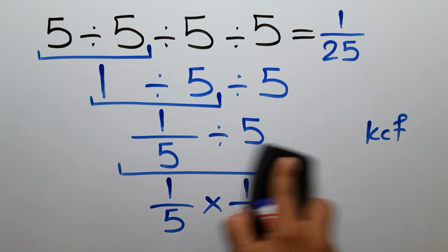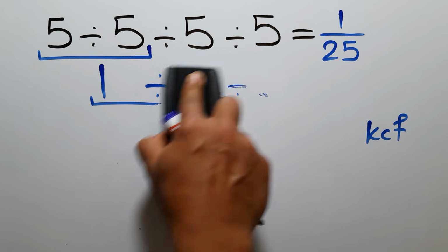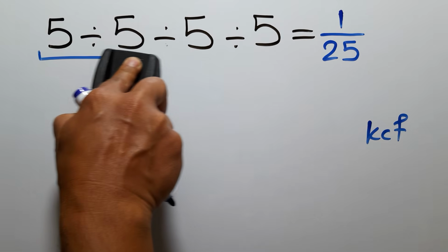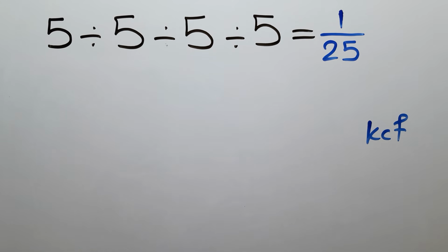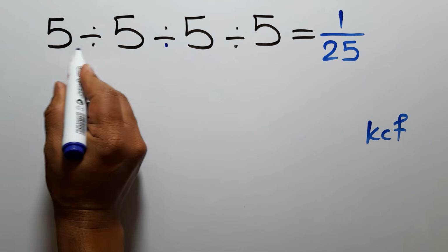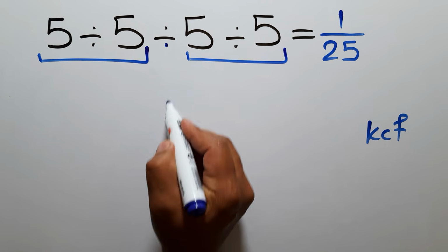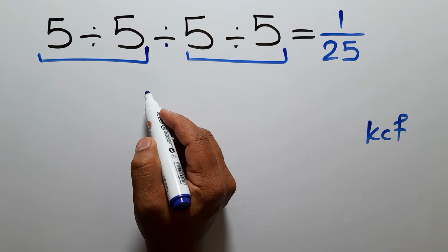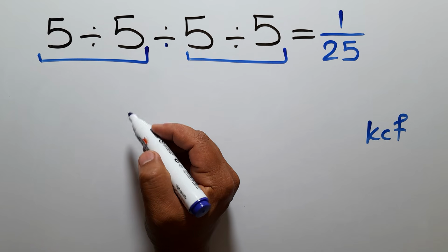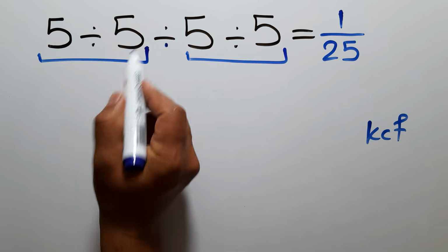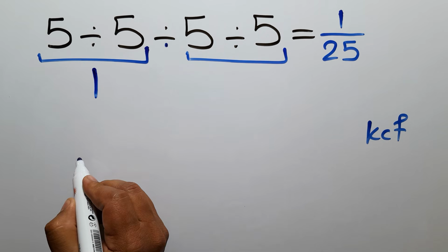But if you don't follow this rule and first do this division, then this division, and finally this division, you'll get the wrong answer. Like this. 5 divided by 5 gives us 1.